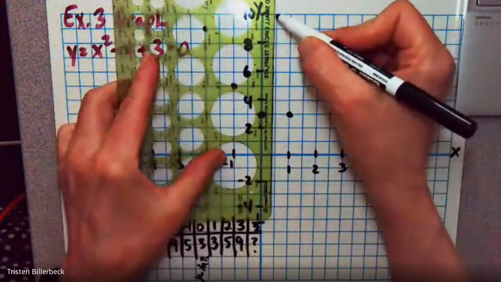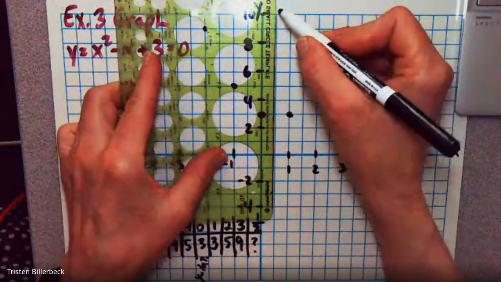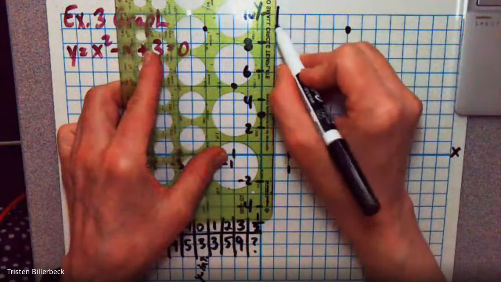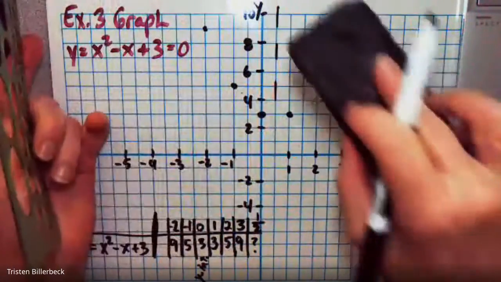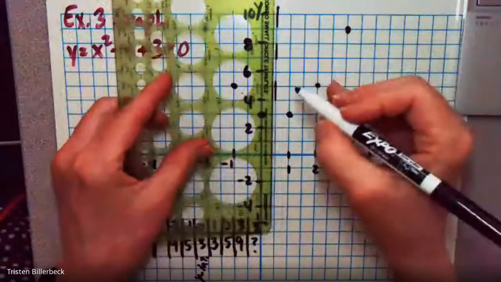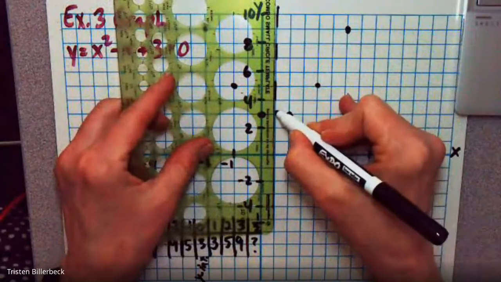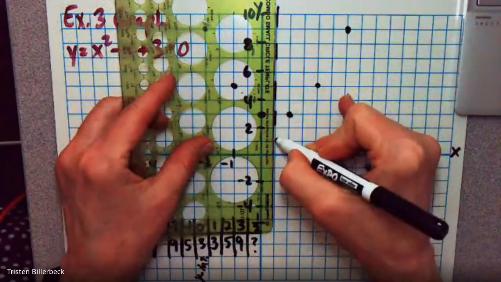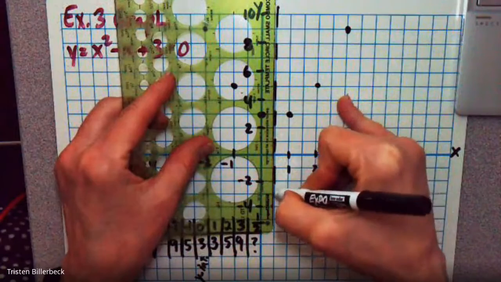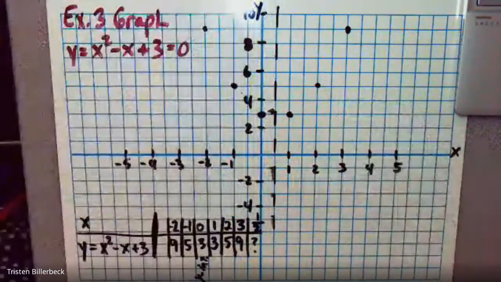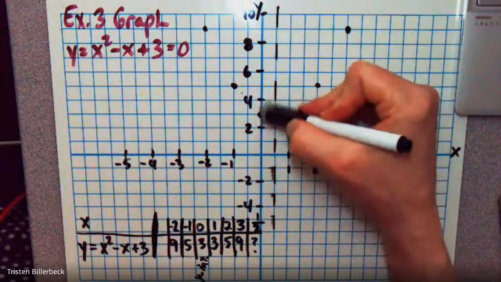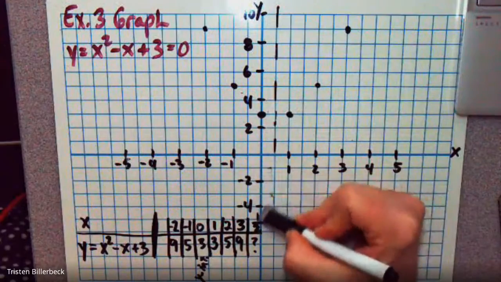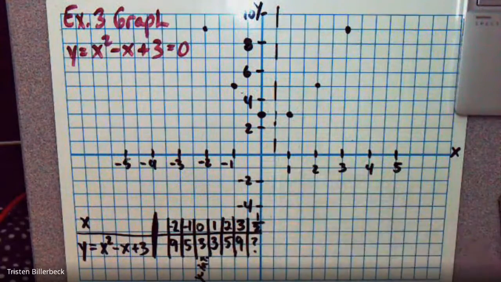So I'm just doing a little more work just so you can understand what you could do. Oops, I put the line of symmetry. Oh no, that's in the right spot because I made it so it would fall on a line. Okay, so we have our line of symmetry now. All right.